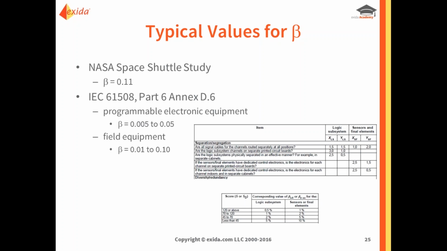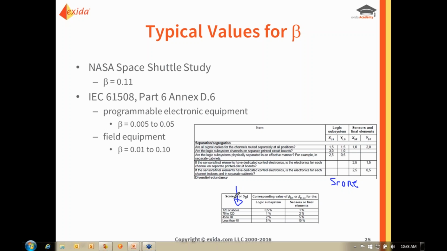In IEC 61508, Part 6, Annex D, there is a set of tables that will help you determine your common cause factor. Based on the questions or statements asked and your yes or no on those statements, you will get a certain score, and that score relates to a table.